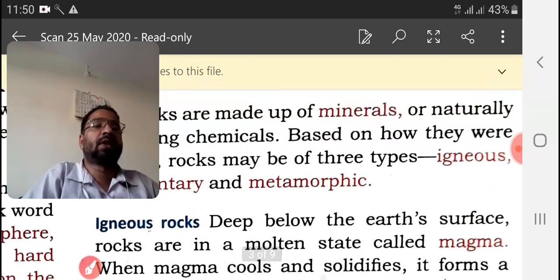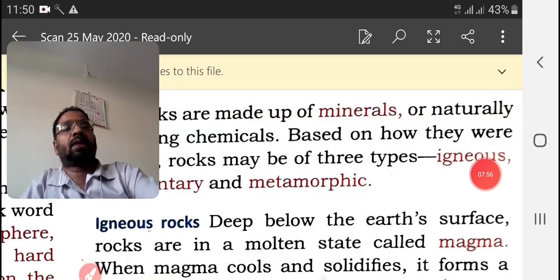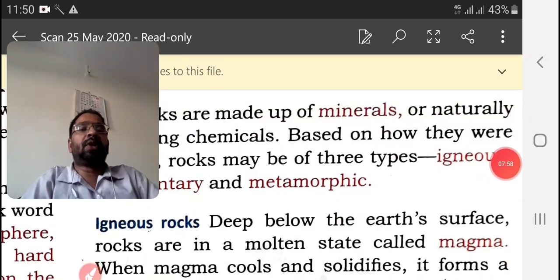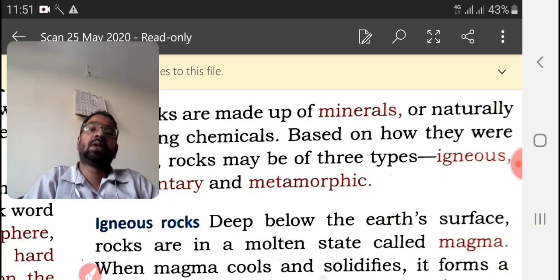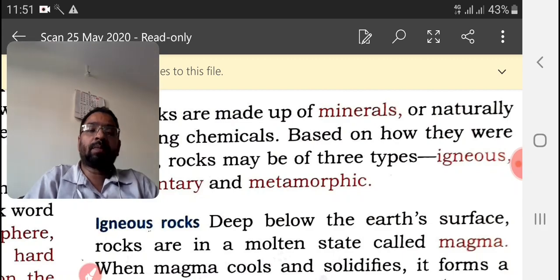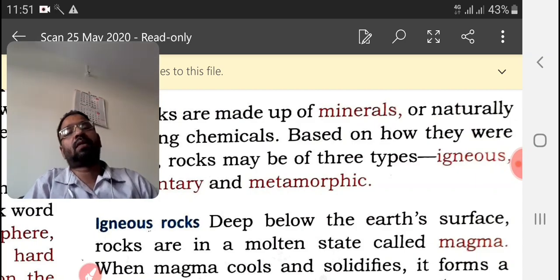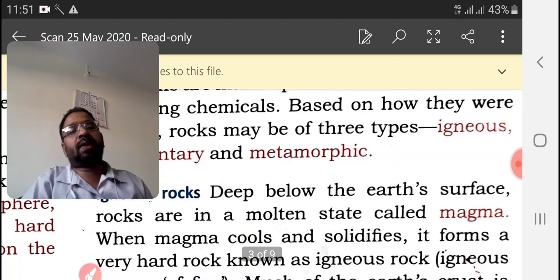Now we are going to learn about igneous rock. Deep below the earth's surface, rocks are in a molten state called magma. We know some hot molten liquids are present inside the earth. This is known as magma. When magma comes out from the interior part, we call it lava.